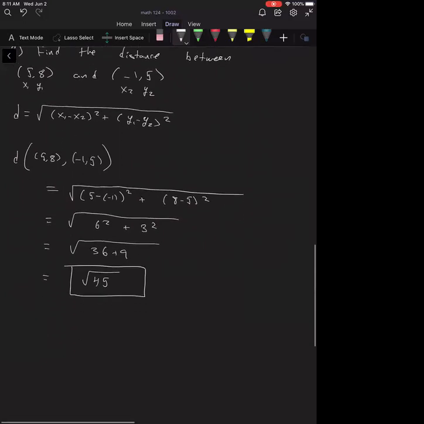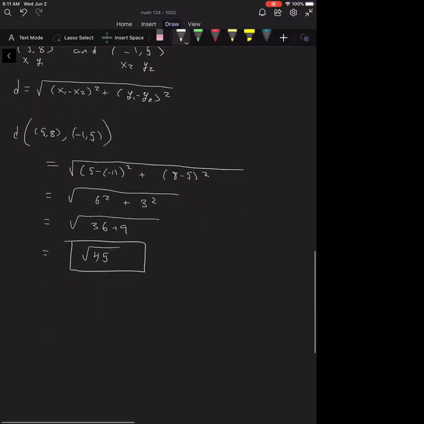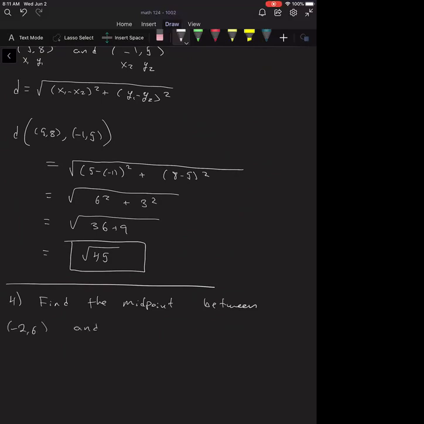Okay. The next problem deals with the midpoint. So we want to find the midpoint between points minus 2, 6 and minus 4, 3.